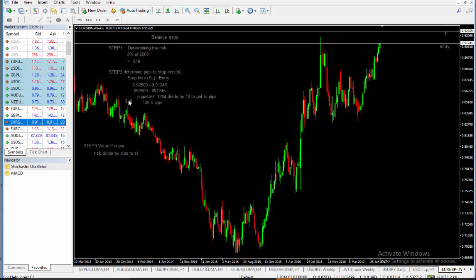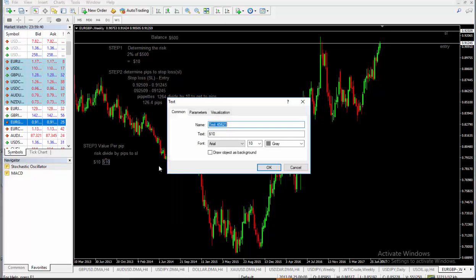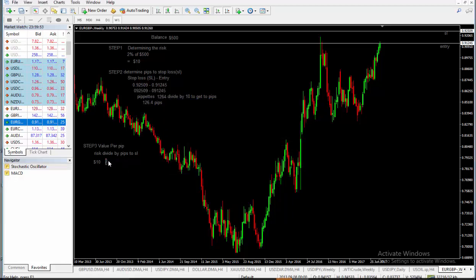So it will be our risk, which is $10, divided by 126.